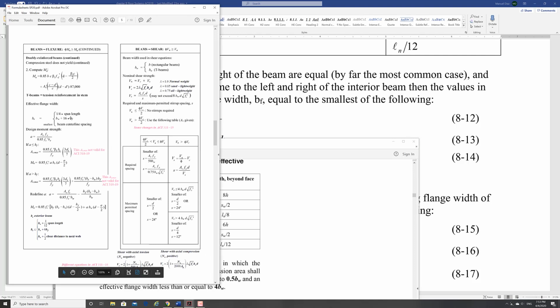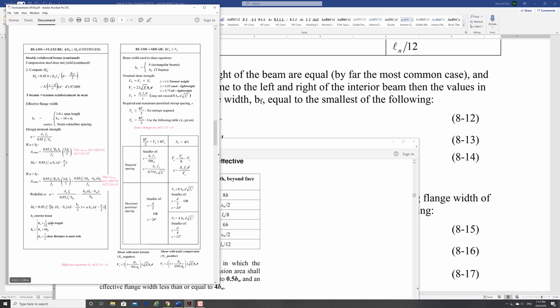So be careful because here, for example, this is in your FE exam formulas. It says span length because that's what it used to be, but now it's the clear span length. Okay? And here are the other formulas for the exterior one.